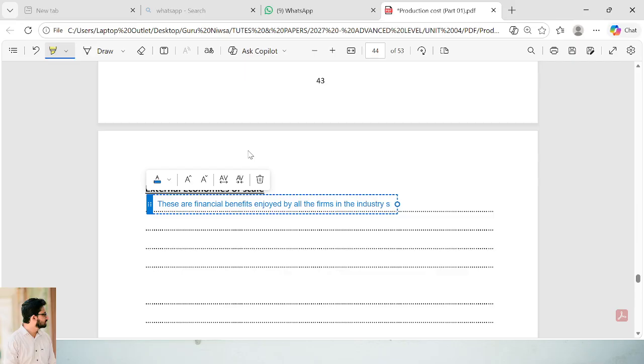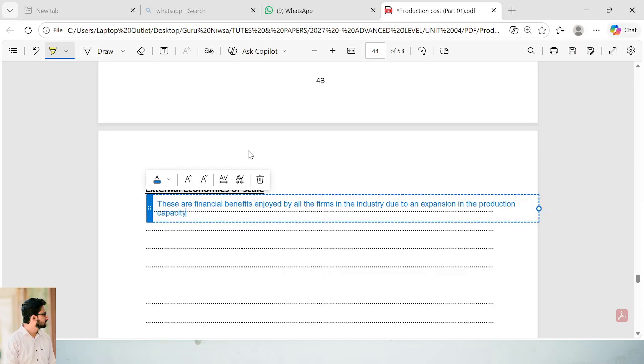Due to an expansion in the production capacity or scale of the entire industry.